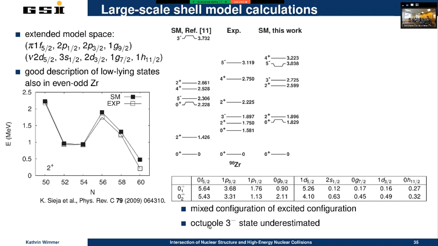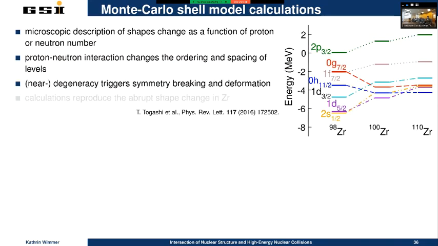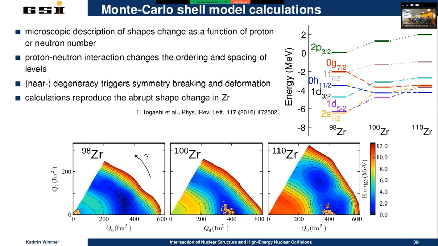If the 3- state is of octupole collective nature, then it's not easily calculable with the shell model, so other models would probably be more appropriate for that. In terms of what is experimentally known, you will hear from Magda probably more about their new measurements for zirconium-98. To my knowledge, there's no measurement of the beta 3 of zirconium-100.